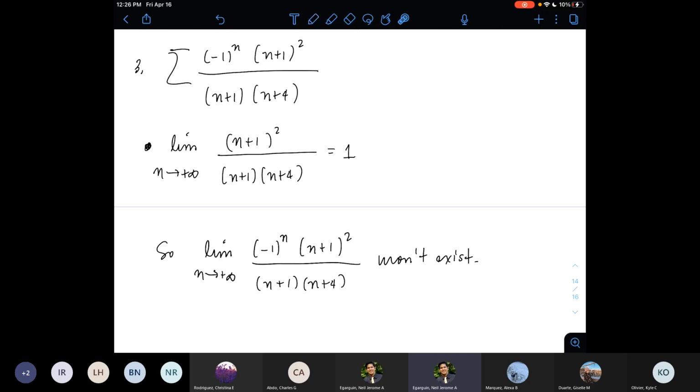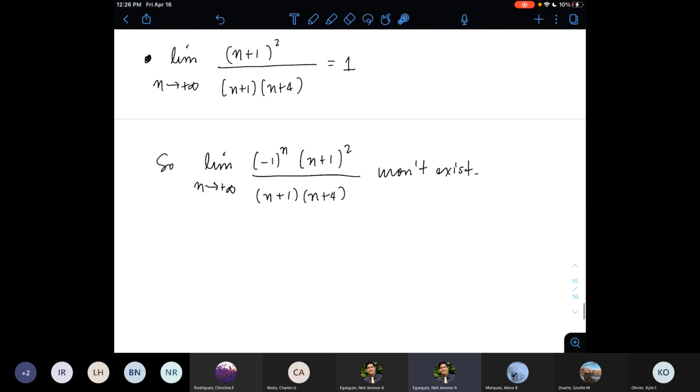And it will not exist because this part here will go to 1. But remember, you have an alternating sign. So in the long run, this will either be a number close to +1 or a number close to -1. There's no uniform behavior in the long run. It will just keep on oscillating between a number close to -1 and a number close to +1. So that's why the limit won't exist.